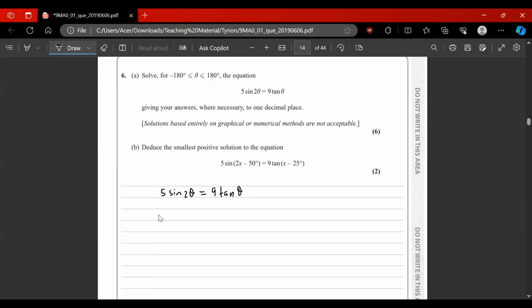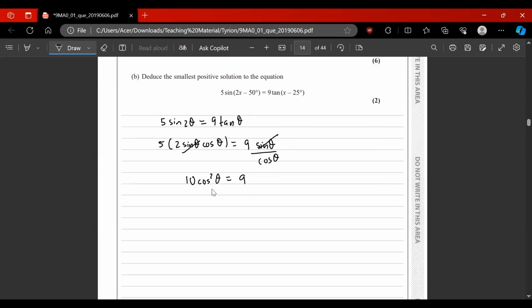So instead of sin 2 theta, we can write 5 times 2 sin theta cos theta. And then on the right hand side, instead of tan theta, I'm going to write 9 sin theta over cos theta. You can see sin theta appears on both sides of the equation, which means you can cancel it out. If I then rearrange the expression, I will get 10 cos squared theta is equal to 9.